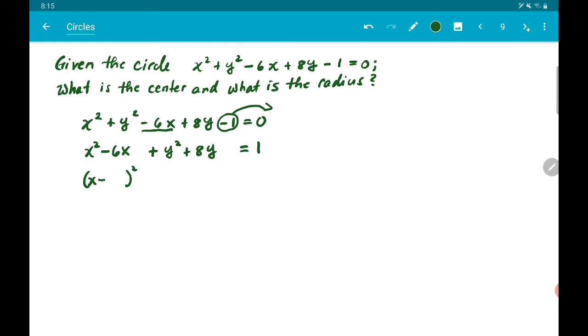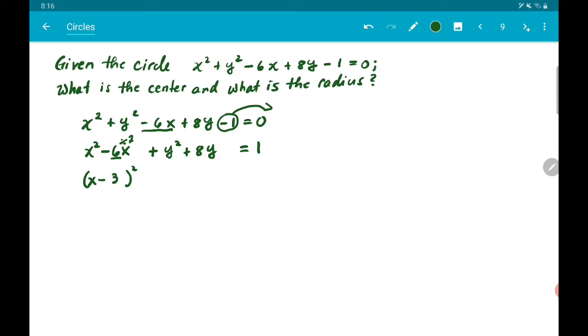Now, we have a 6 here, so 6 divided by 2 is 3.